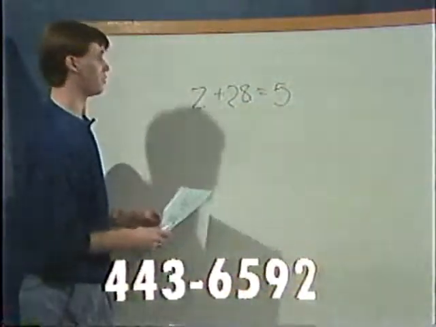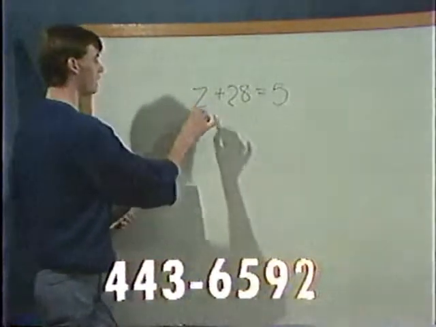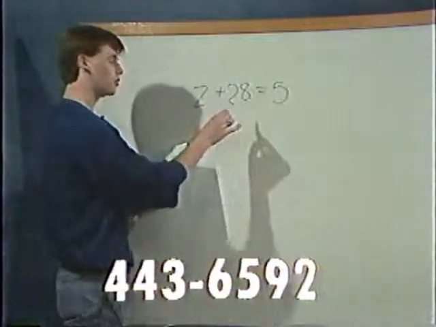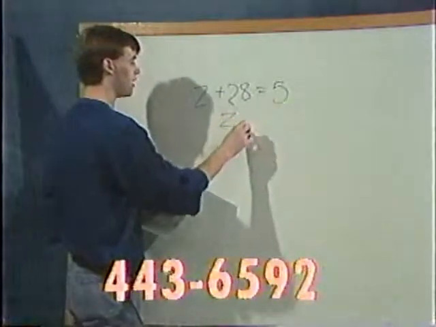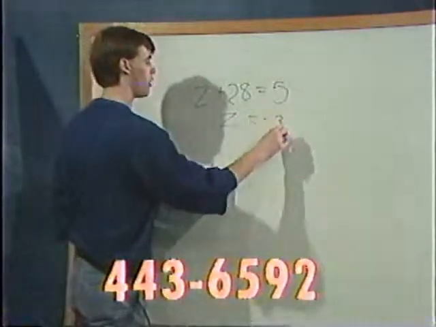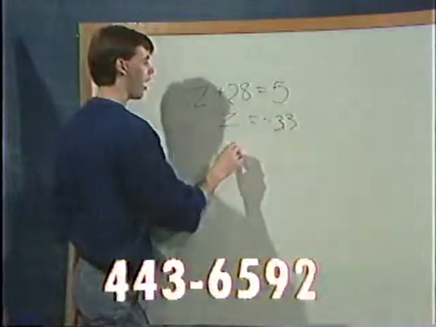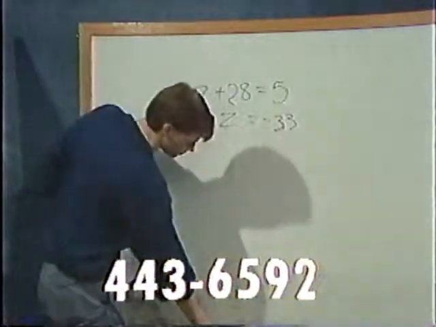The easiest way to do this problem, Stephanie, is to isolate z on one side. To do that, you would subtract 28 from both sides. Therefore, z equals negative 33. I hope that answers your question.